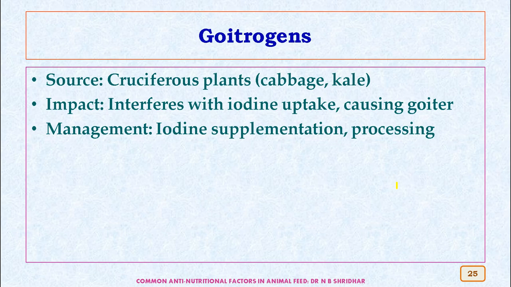Yes, the management leads to supply of iodine also. Then goitrogens is another category of the poisons. Then the cruciferous plants, for example cabbage, do contain goitrogens to a higher extent.